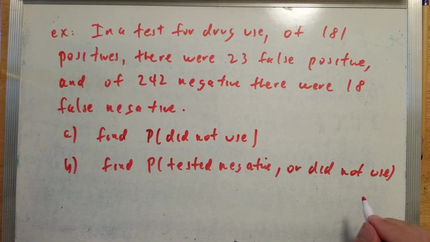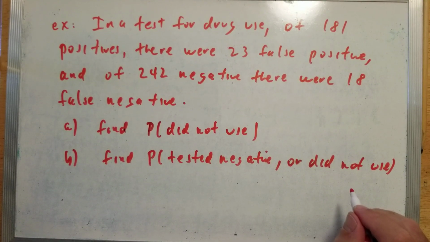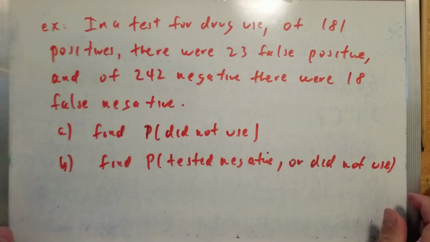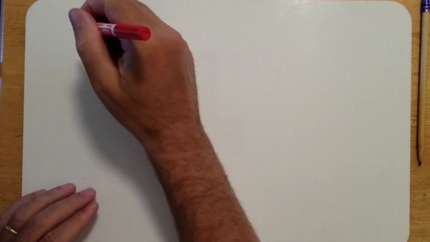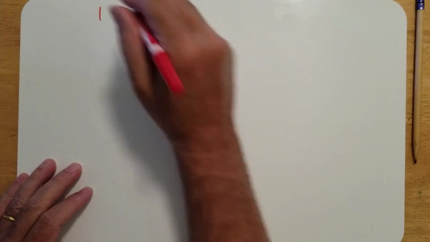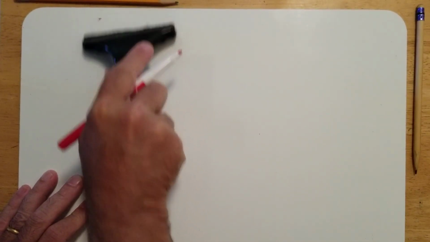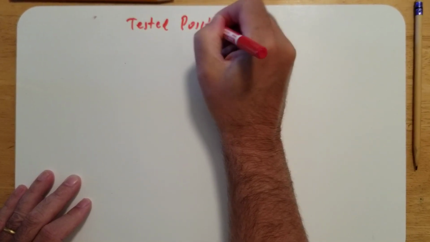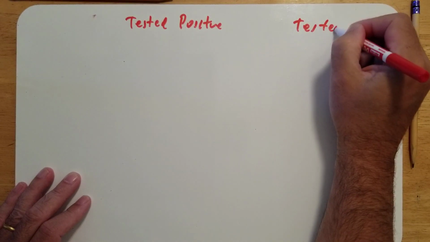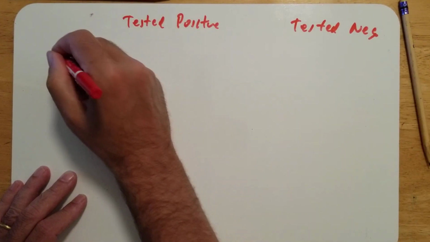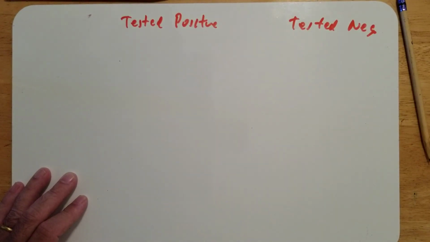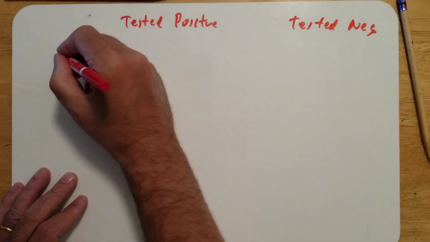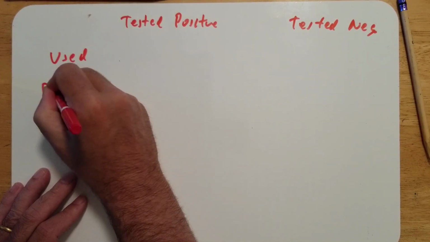Okay, the key to this is making up a chart, and from the chart we'll be able to calculate these probabilities. I'm going to have the chart like this: tested positive, tested negative, and then here people who used drugs, and then did not use.